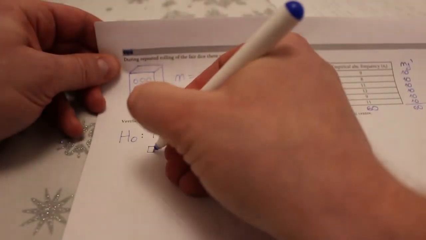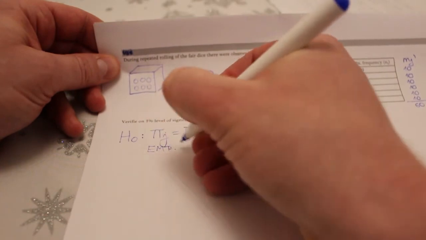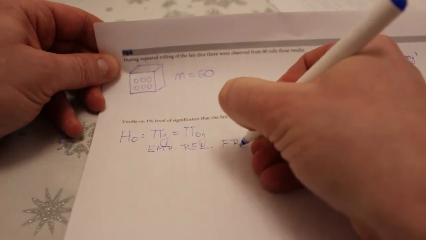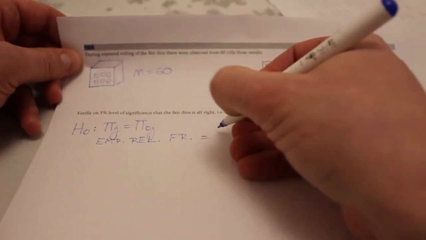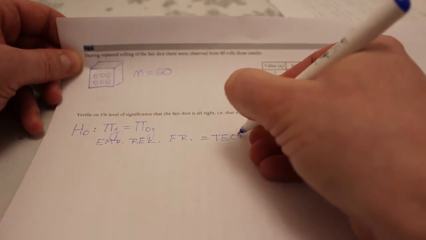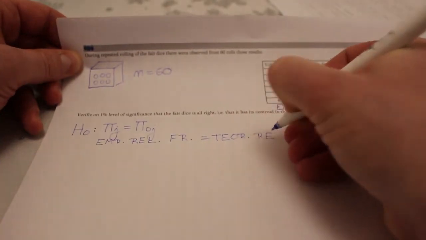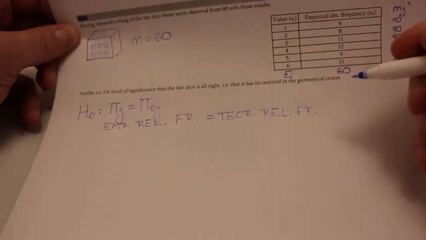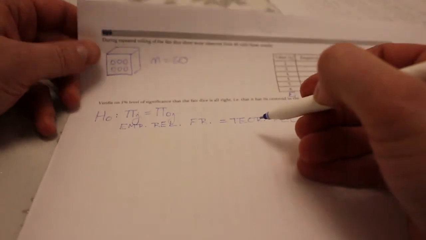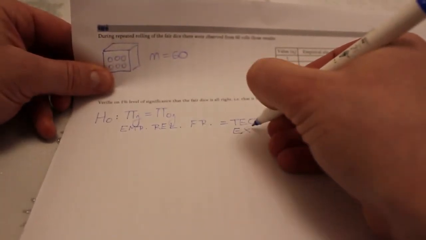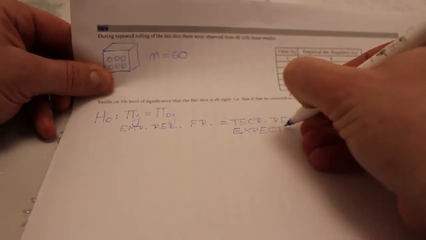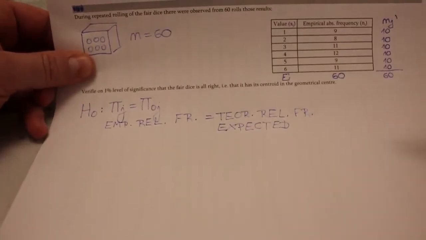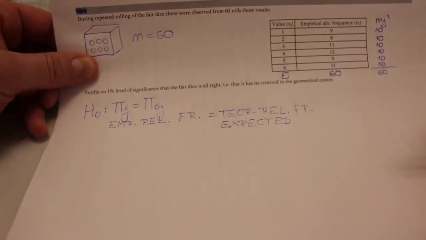It means empirical relative frequencies are equal to theoretical relative frequencies, or maybe, as Mr. Hellman says, instead of theoretical, expected relative frequencies. So this is the zero hypothesis.